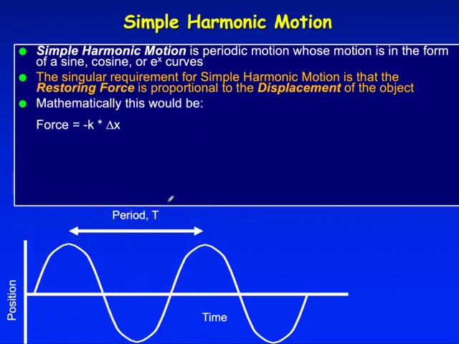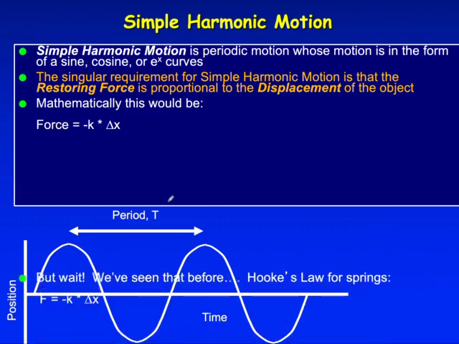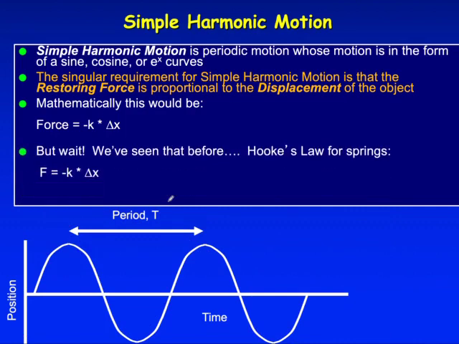Mathematically, this would be equal to the force is equal to negative some constant times the displacement delta x, negative sign indicating that the force is against the displacement. But yeah, you're right, we've seen it before, Hooke's law for springs. So what does this mean? Anything that obeys Hooke's law is a simple harmonic oscillator.